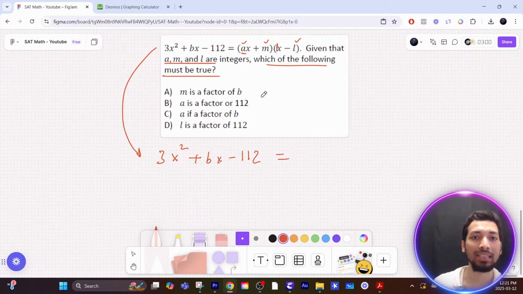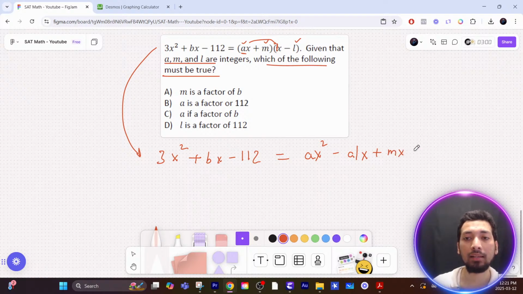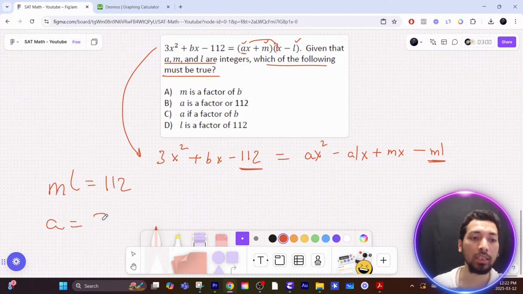And if we expand this right side, we have ax times x, which is ax squared, minus ax times l, that should be alx, and m times x, plus mx, minus m times l, that is ml. So this ml is equal to 112. If we make it equivalent, we can see that ml is going to be 112, and a is equal to 3.